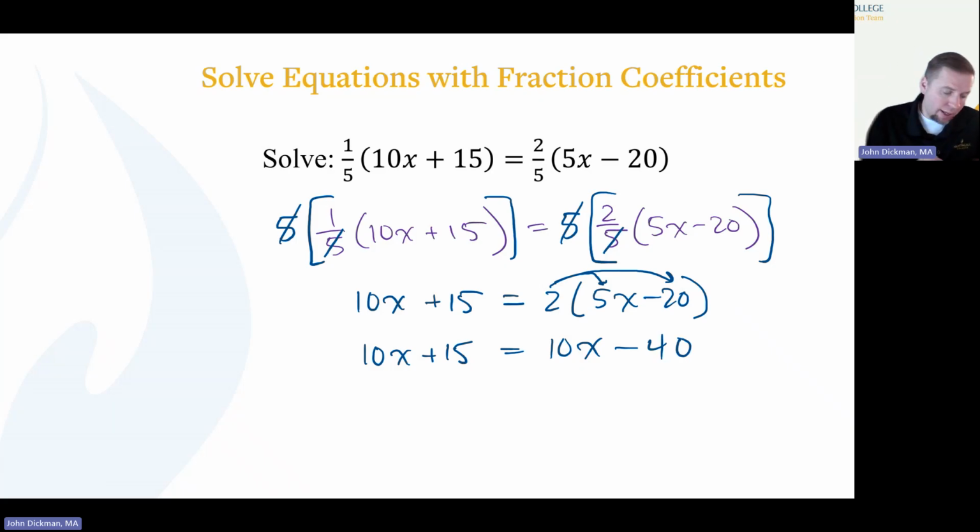Now I'm noticing I have a 10x and a 10x, but I'm also noticing that 15 and negative 40 are not equal. So I can continue to solve this by subtracting 10x from both sides, or I can already see that this is a contradiction and there's no solution.